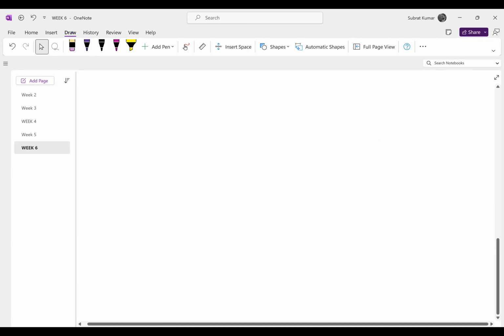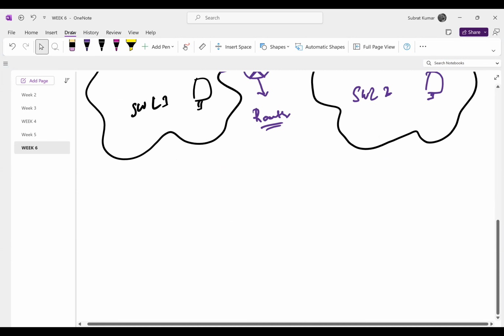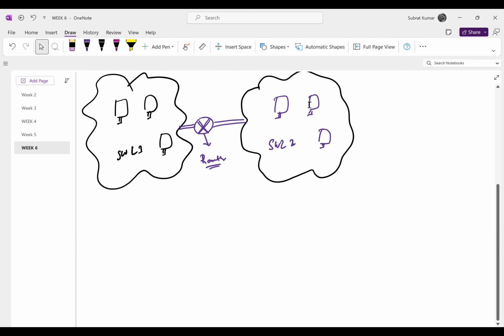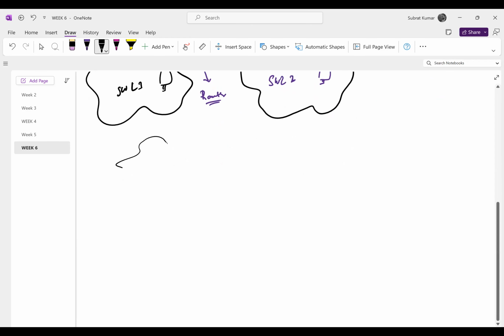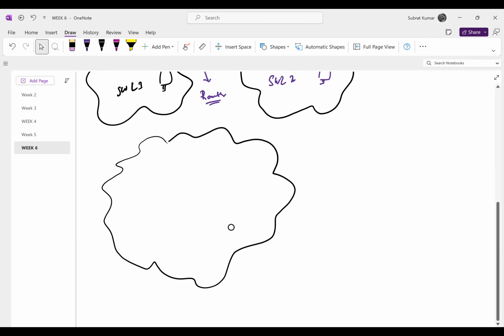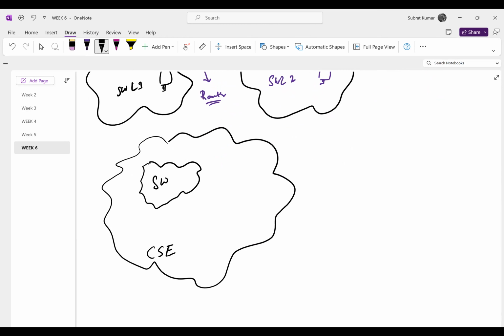The reason I said hierarchical is, if you see, this is your software lab. If you go one level up, you can see there is a network of CSE, computer science and engineering. Inside that, there is your software lab 1 network and your software lab 2 network, connected through the router.